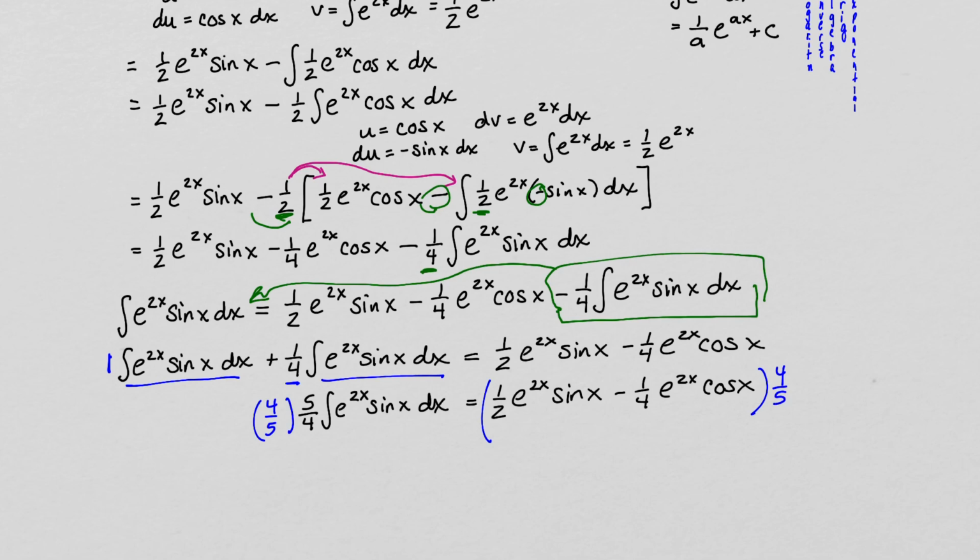So we're going to end up with the integral of e to the 2x sine x dx being equal to 4/5 times 1/2, which would be 4/10 e to the 2x sine x. Actually, I shouldn't write that as 4/10. The 2 and the 4 would cancel, so it's really 2/5. So 2/5 e to the 2x sine x minus 1/5 e to the 2x cosine x.